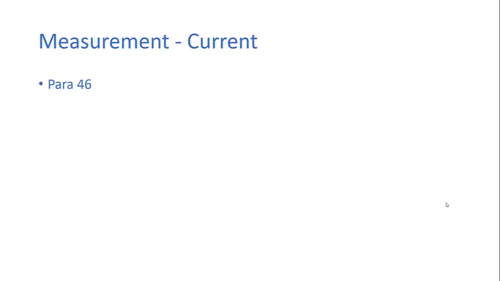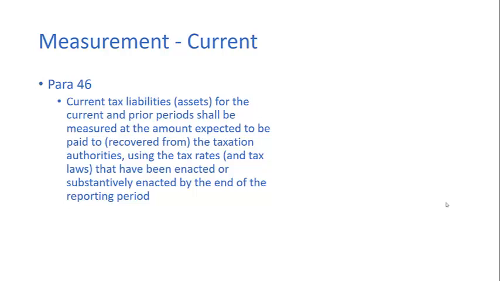In terms of how you measure it, the current tax liability is measured at the amount that you expect to pay the tax authorities using the tax rate currently applying, using the legislation that is in place today.